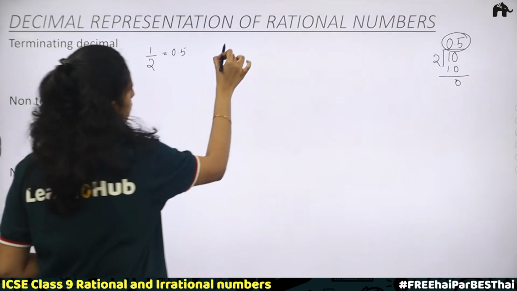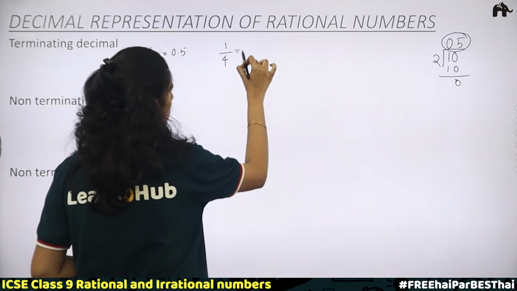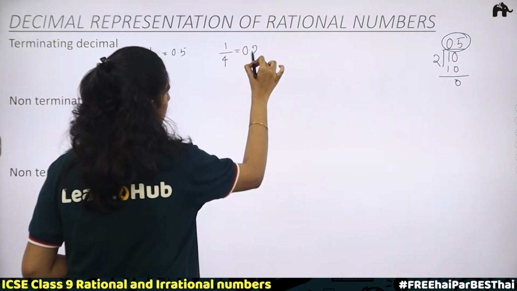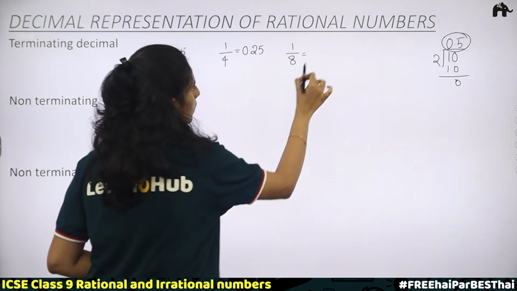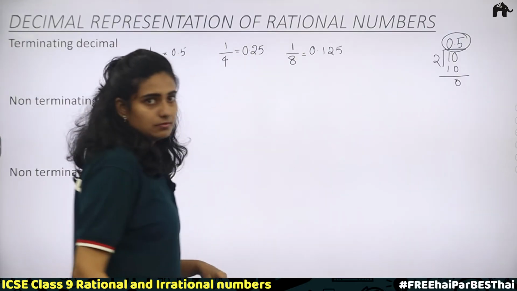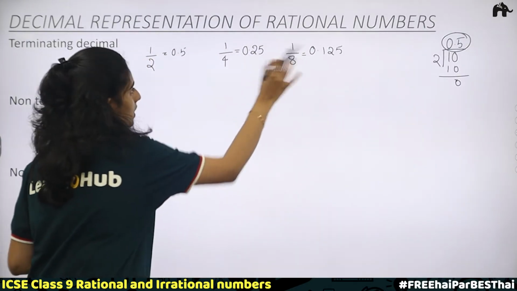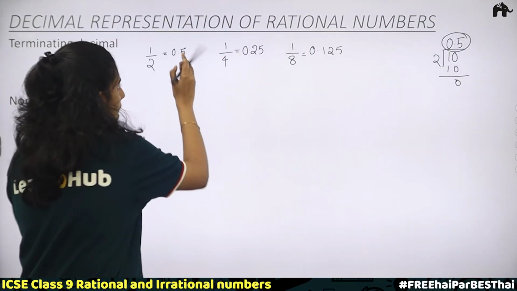0.5. Next, if you take 1 by 4, what do we get? 1 by 4 will be equal to 0.25. If you take 1 by 8, this will be equal to 0.125. So, in all these numbers, you can understand that the decimal representation will finally stop.